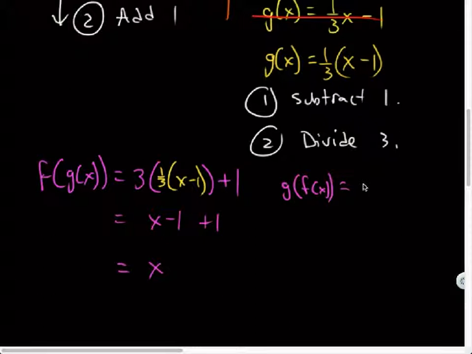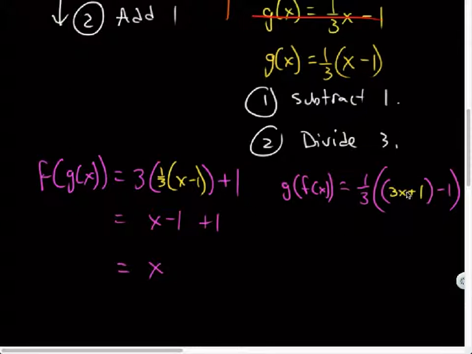So g of x is 1/3 of parentheses whatever x is minus 1, right? So I've set that up there. And what was f of x? That was the 3x plus 1. So I've replaced the insides of g of x with 3x plus 1, whatever f of x was.